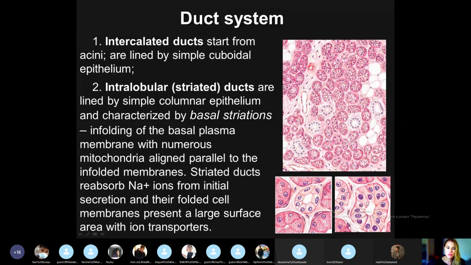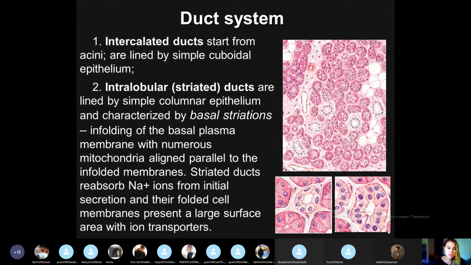And the main function of the striated duct is reabsorption of the sodium ions. This is why the salivary glands maintain their sodium homeostasis, and also it keeps the pH of saliva.